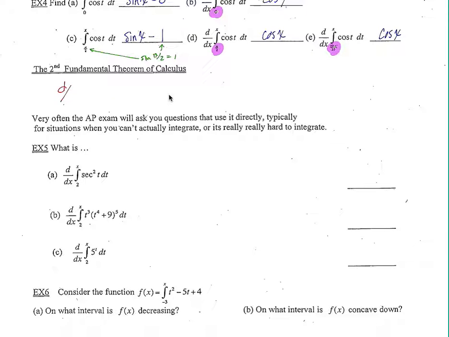The derivative with respect to x of an integral which goes from some constant a to a variable x of a function of some other variable, and in this case we're using the variable t, so this is with respect to t, is going to be equal to f of x, x being the upper bound.